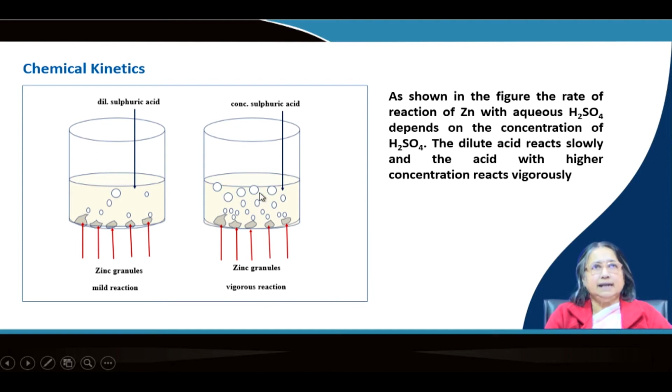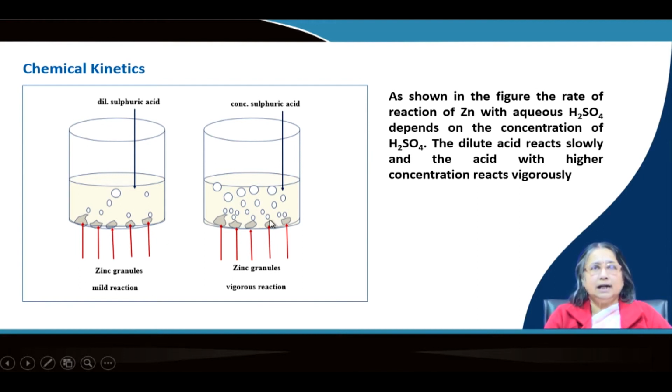You will see that in the first vessel where you have added dilute sulfuric acid, the reaction is nothing but the evolution of hydrogen gas and it will form the bubbles. Here you can see that the bubbles are coming out in a very slow process, but here it is coming very vigorously. That means reaction is going on here slowly and here it is vigorously.